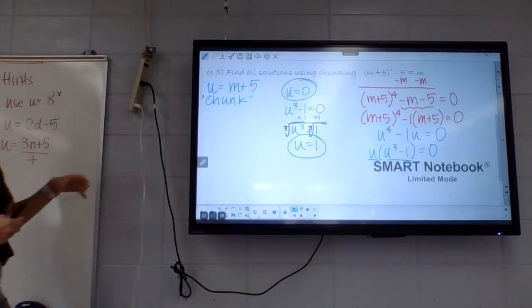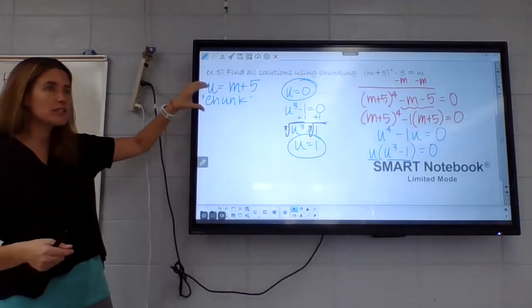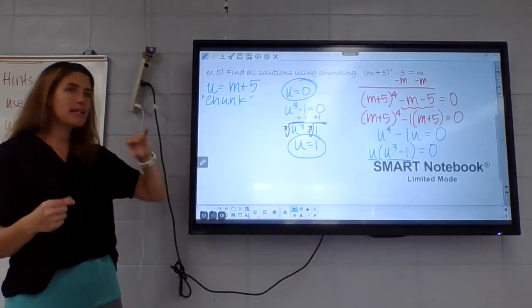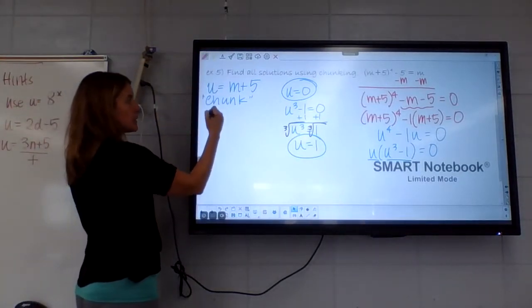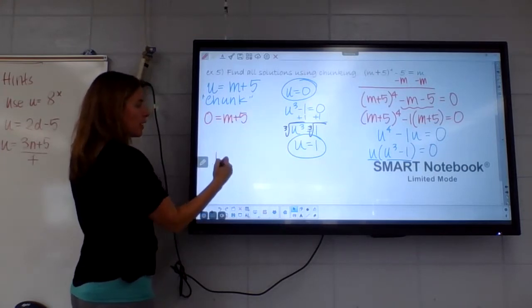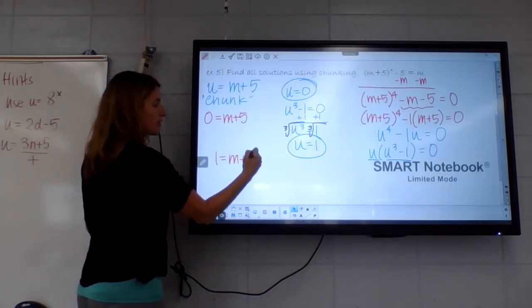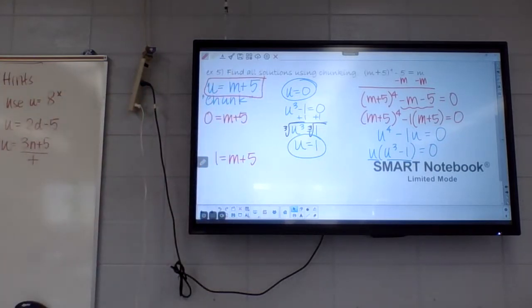So what we're going to do now is, now I know what u is, so I'm going to set up two equations. U is 0, u is 1. I'm going to set up an equation for each of those. So if u is 0, I'd have 0 equals m plus 5. If u is 1, I'd have 1 equals m plus 5. Because we decided that u equals m plus 5.